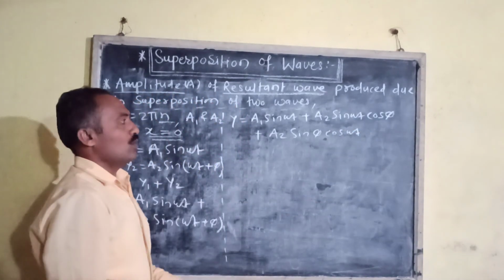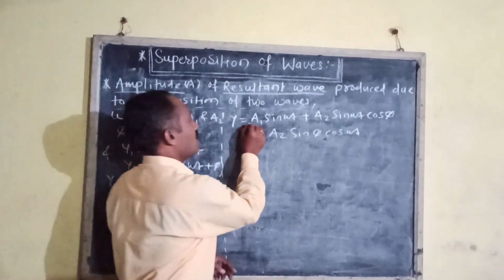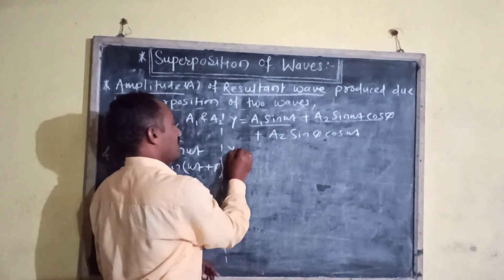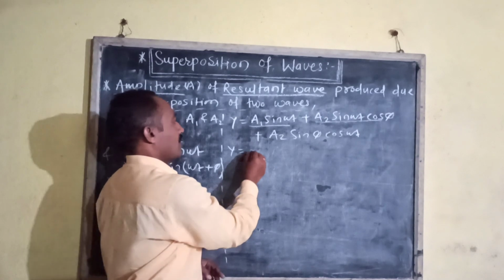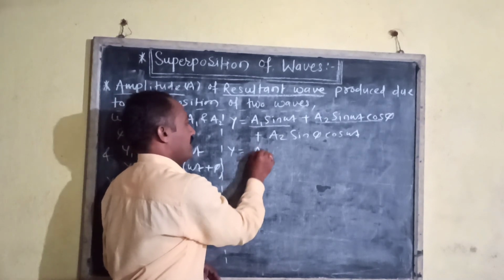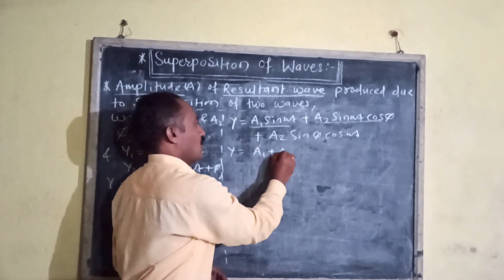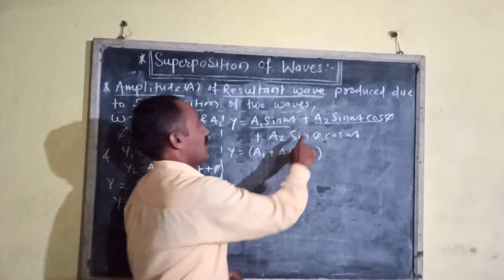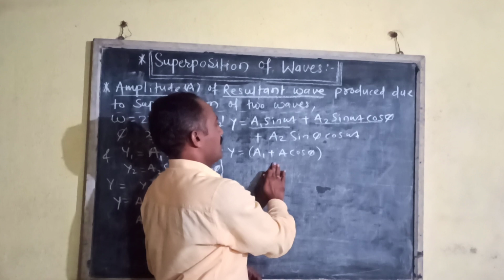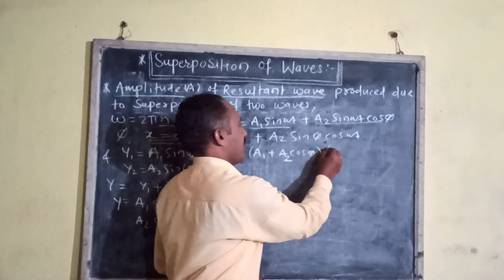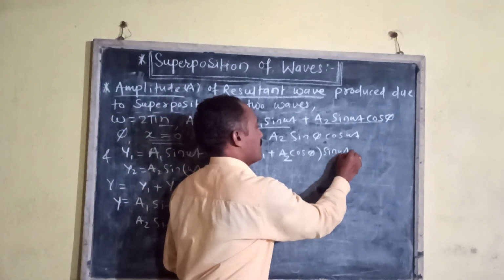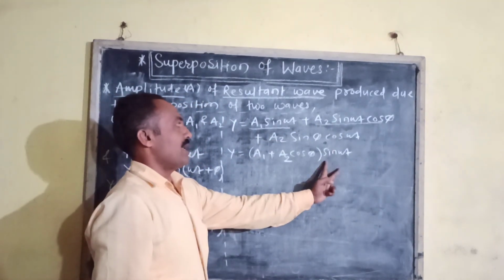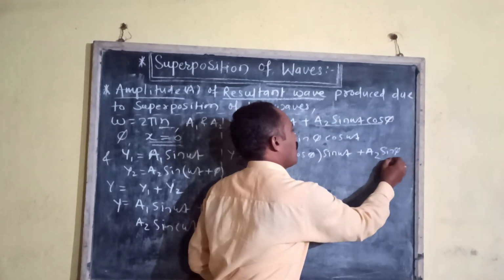Now, taking sin omega t common from these terms, we get y is equal to (a1 plus a2 cos phi) into sin omega t plus a2 sin phi cos omega t.